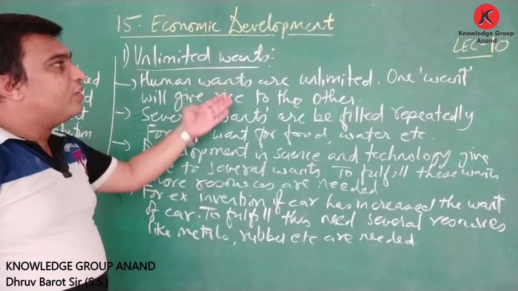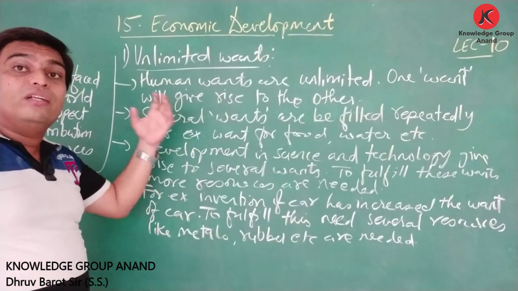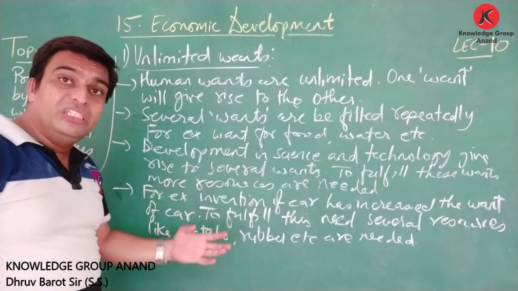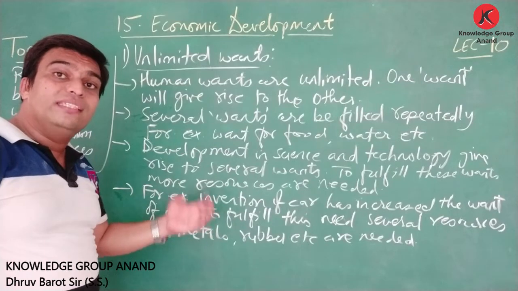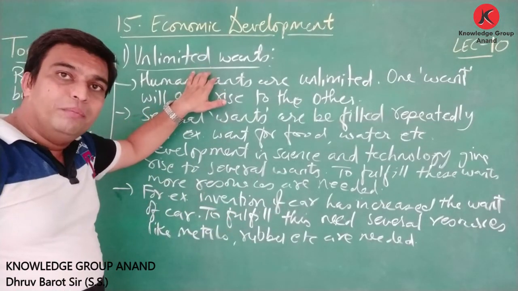So friends, you might have understood the first problem faced in the distribution of resources: why these resources are very much in use and in need, because of the unlimited wants of human beings.